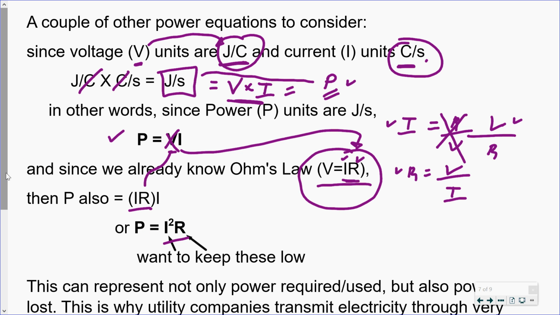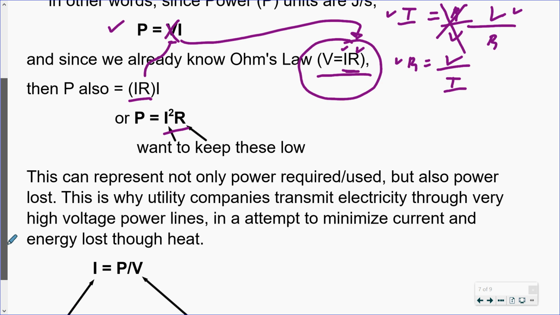So where this equation is really kind of important is when a power company, a utility company, is talking about power loss. So they want to minimize the amount of power that is lost when they're transmitting electrical energy.